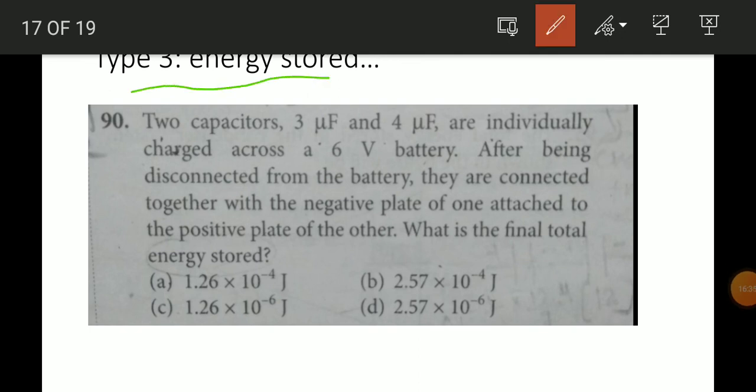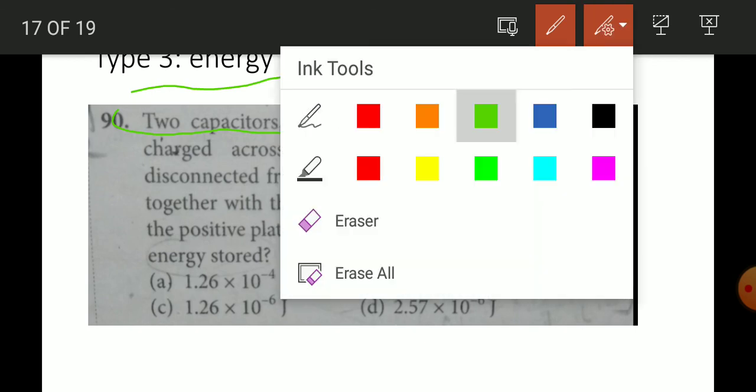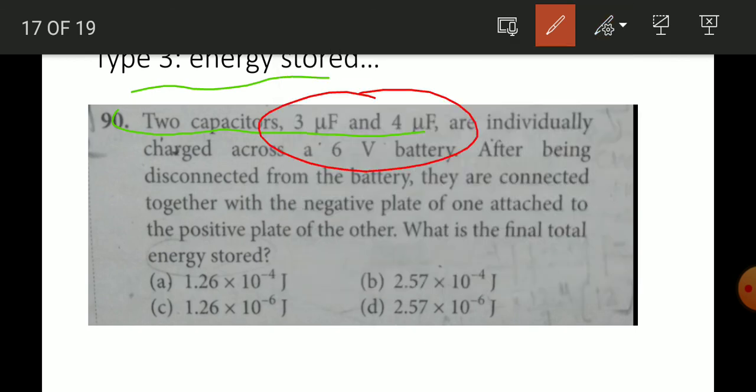So let me read this question. Two capacitors 3 and 4 microfarad are individually charged across a 6 volt battery. We charged both of them, and then they are connected together with the negative plate of one attached to the positive plate of another.